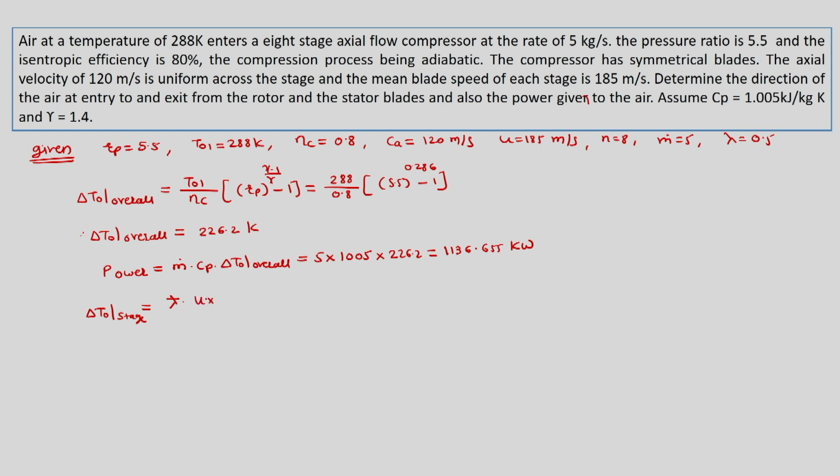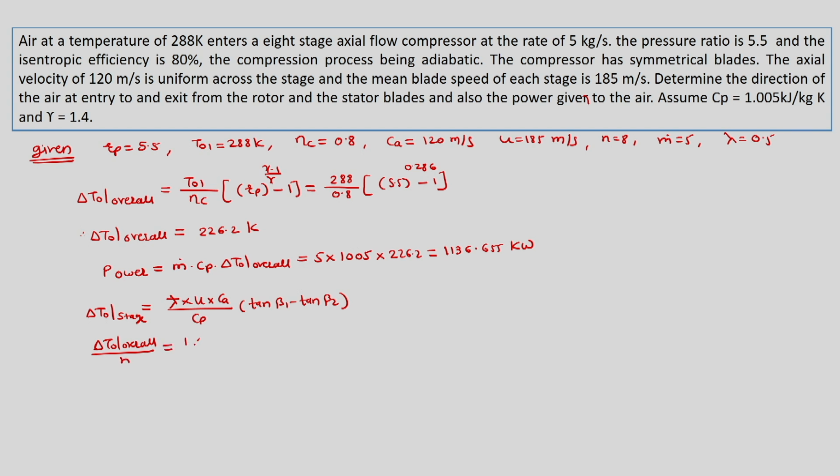Now we can find out delta T naught stage, and delta T naught stage is work done factor into U into Ca divided by Cp into tan of beta 1 minus tan of beta 2. So delta T naught stage we can find out from delta T naught overall divided by number of stages.